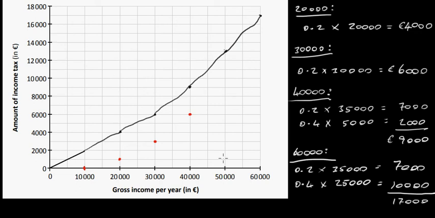Oh, sorry, no, 50,000 was 13,000. Take away 3,000, that'll bring her down to 10,000, so that's here. And 60,000 was 17,000, so take away 3, that'll bring her down to 14,000, so that would be here.